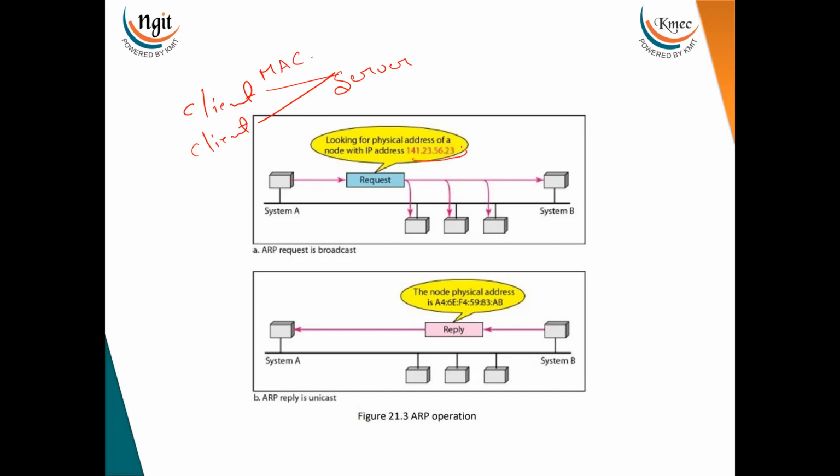Here, system A is connected to system B, and it requests some data. System B, which we can call the server or the other system, uses the proper MAC address to send a reply to the client. This is the process that happens for the ARP operation.